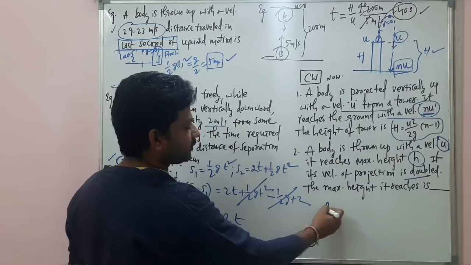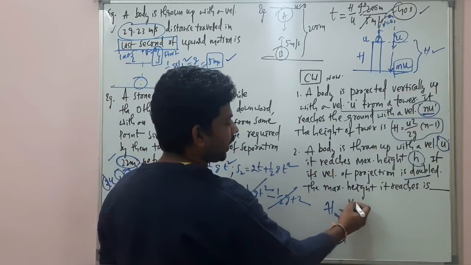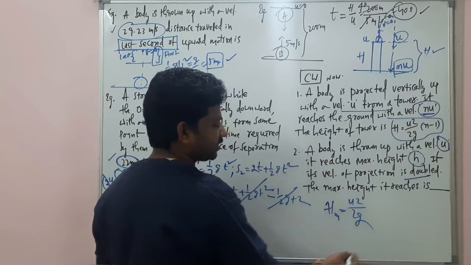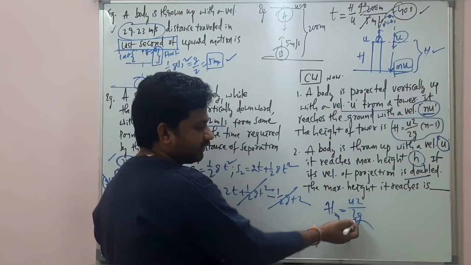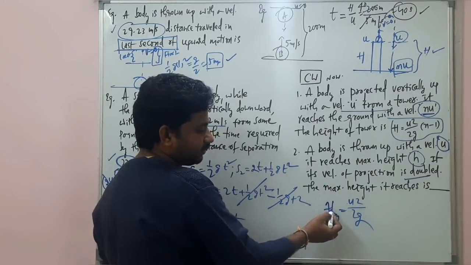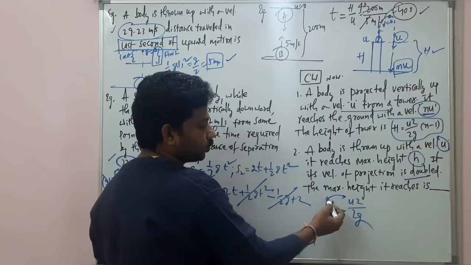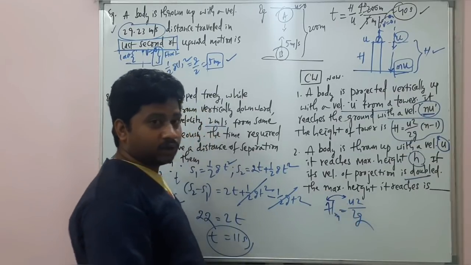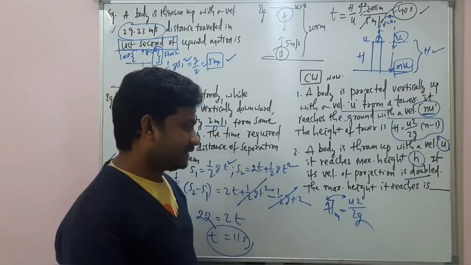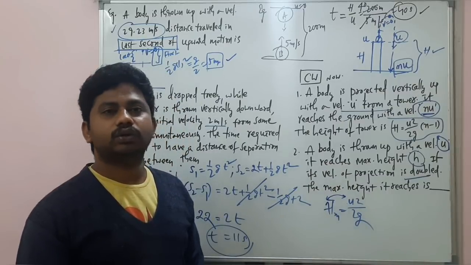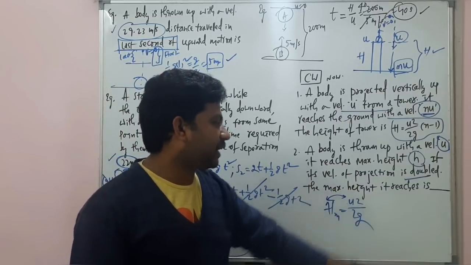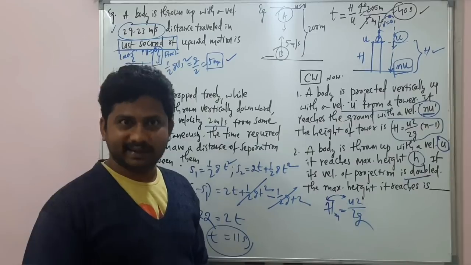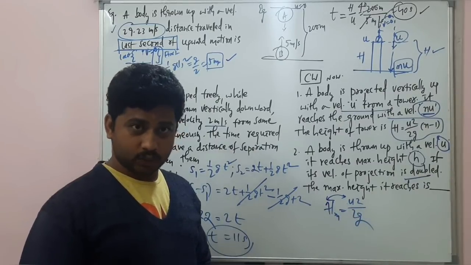So its maximum height is u square by 2g. Maximum height is depending on u. Anyway, g is constant, right? Maximum height is depending on u. So you just take the concept of proportionality and just find out what will be the maximum height reached in this case. Just I need the answer now.